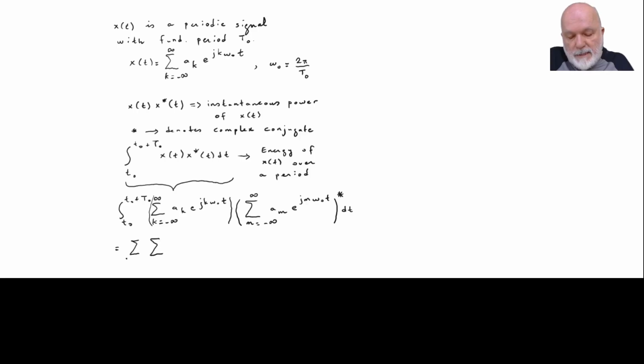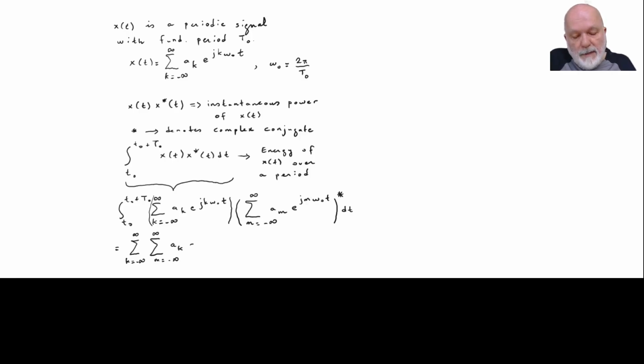the series k from minus infinity to plus infinity and m from minus infinity to plus infinity, ak. Now the conjugate of this series will be the conjugate of each term. The series composed of the conjugate of each term.